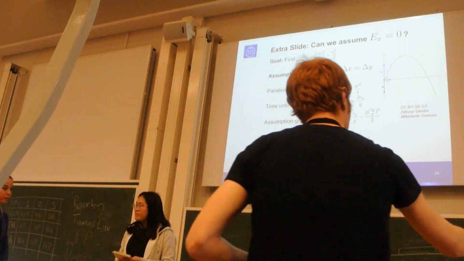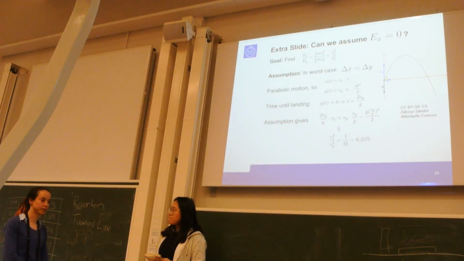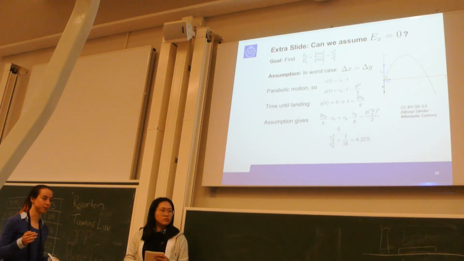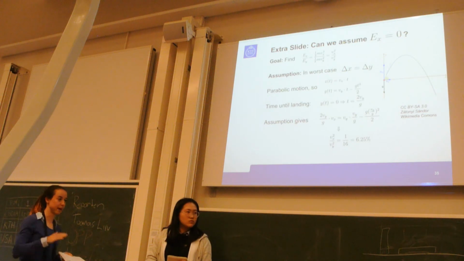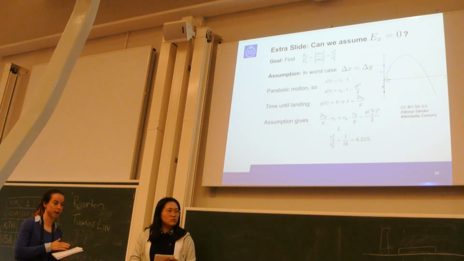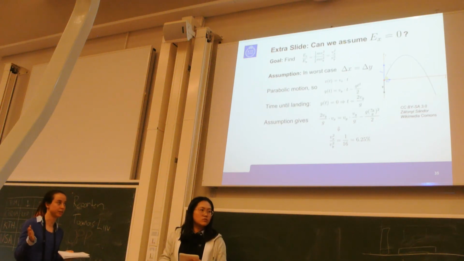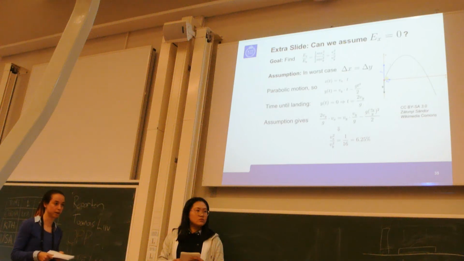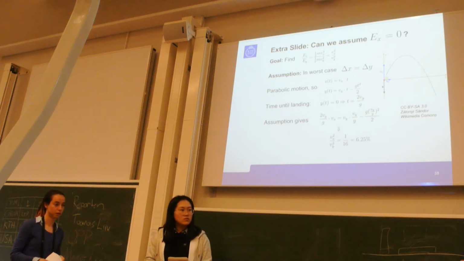So, did you observe any cases in the middle of that regime between the most extreme jumps and the jumps that you just counted? Could you repeat that? Did you observe any jumps that fell in the middle of that regime between the most extreme jumps and the lowest jumps? And is there a region within that regime where the rotational energy or the energy in that direction is not negligible?